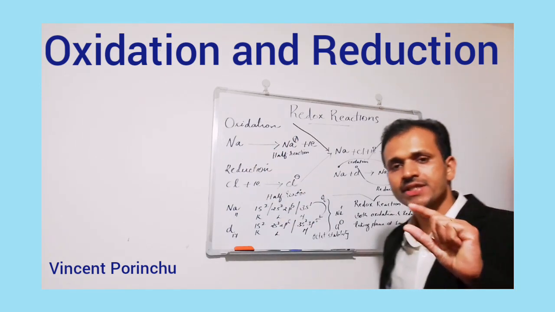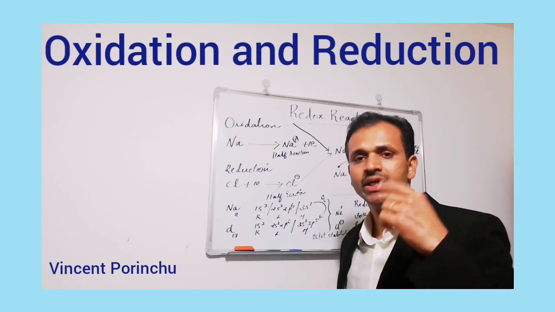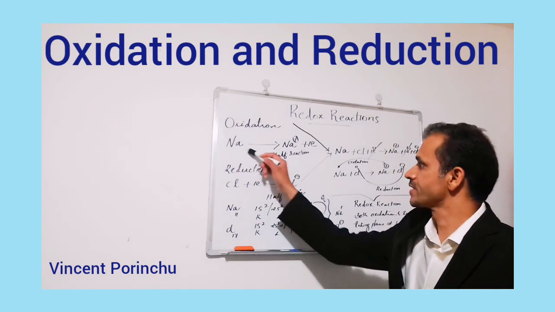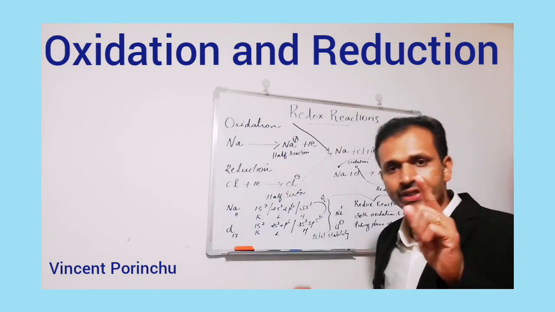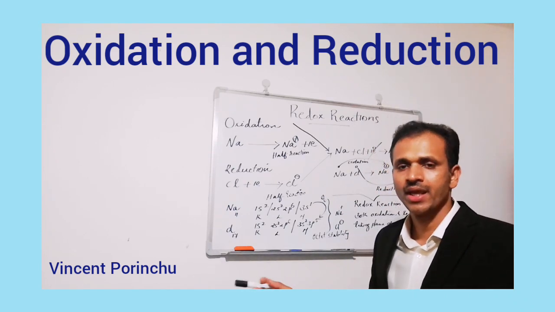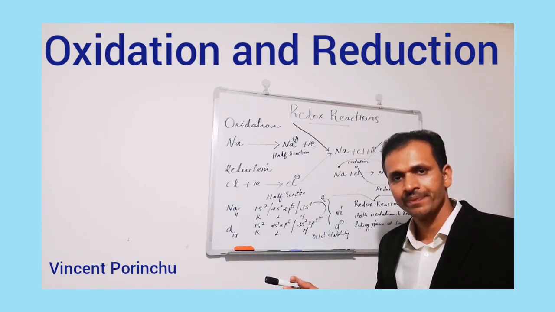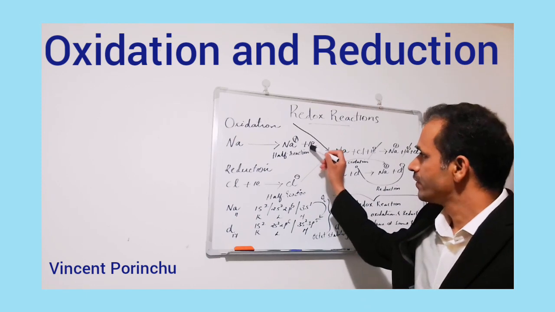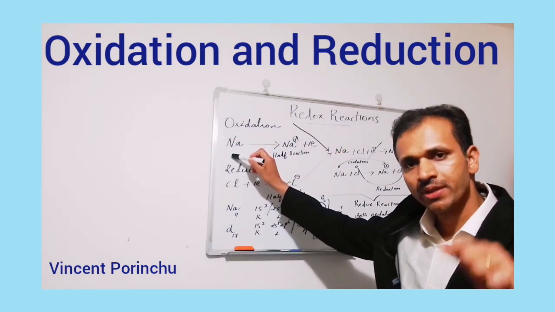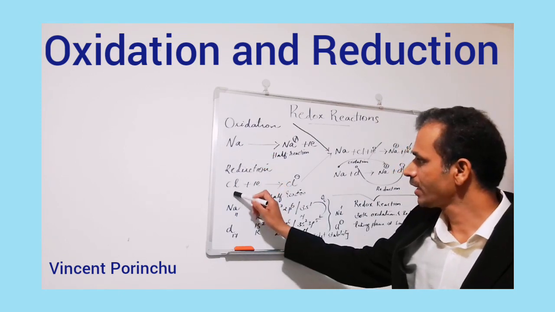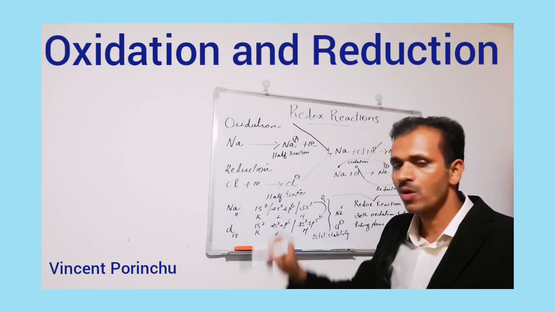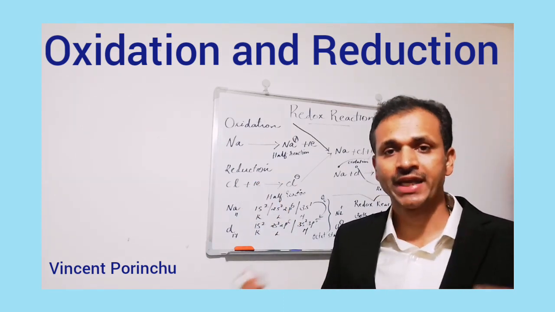So sodium has a tendency to lose its outermost electron, and that process is known as oxidation, and this is a half reaction. It's not a full reaction. The electron which is lost from the sodium atom, in the case of sodium chloride, is received by the chlorine atom, because of its high electronegativity, chlorine has a tendency to become a negative ion.